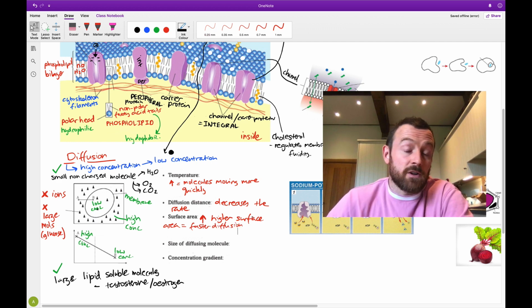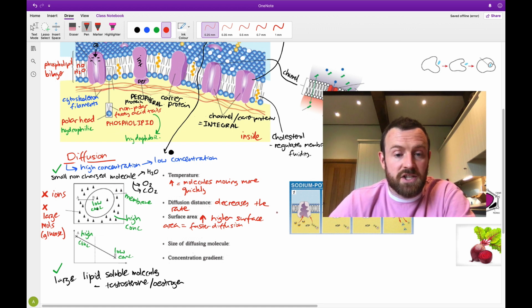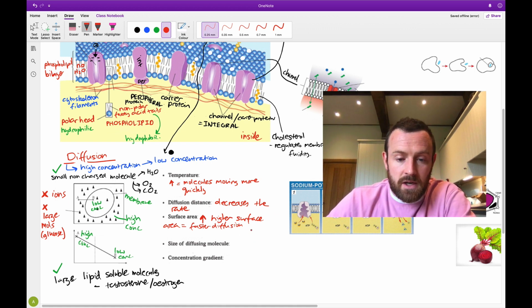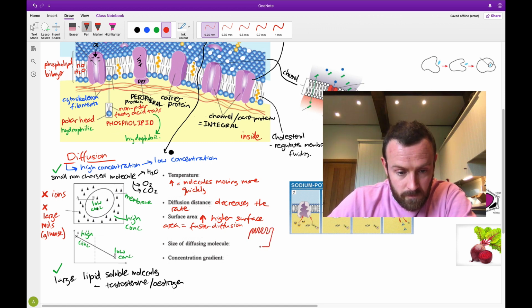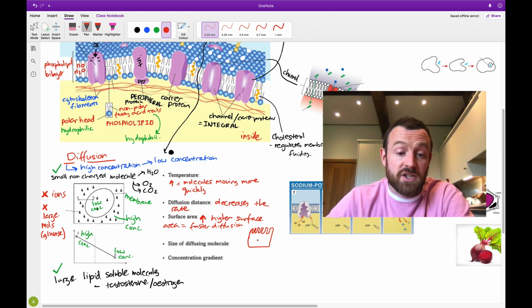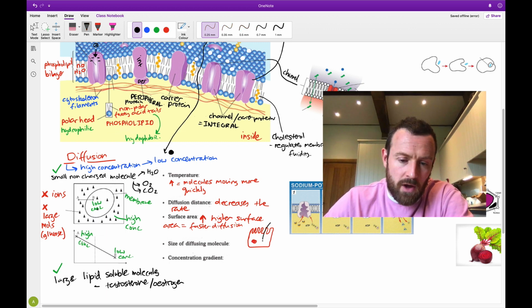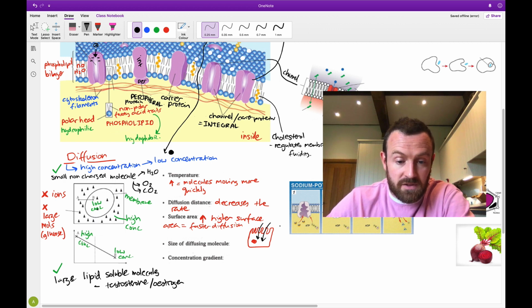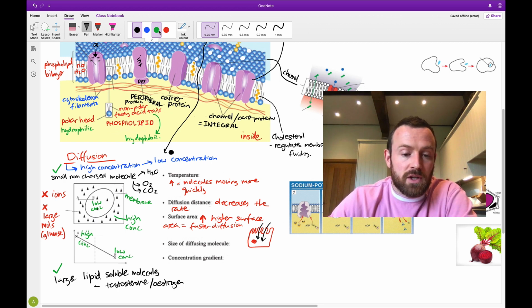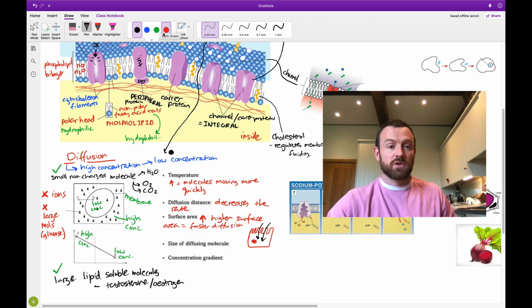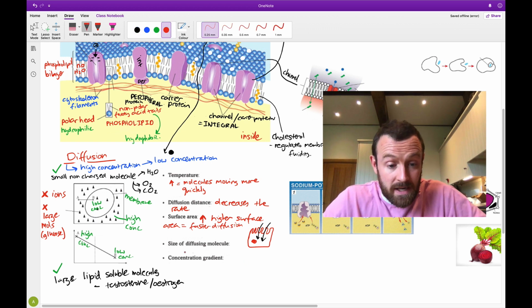And we find cells that are adapted to have a specifically high surface area. For example, intestinal epithelial cells have a brush border of microvilli, so that they have a high surface area for diffusion and other transport processes. The size of the diffusing molecule: the smaller diffusing molecules diffuse more quickly.